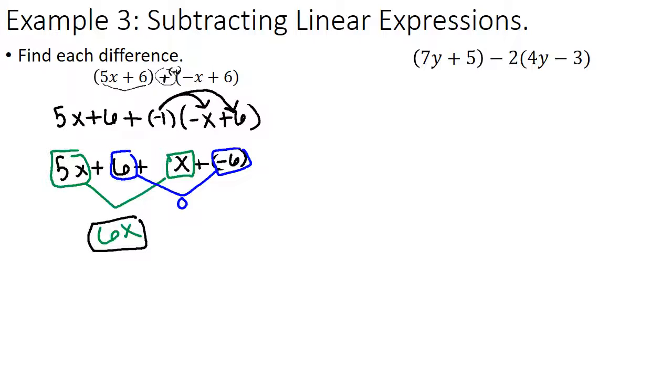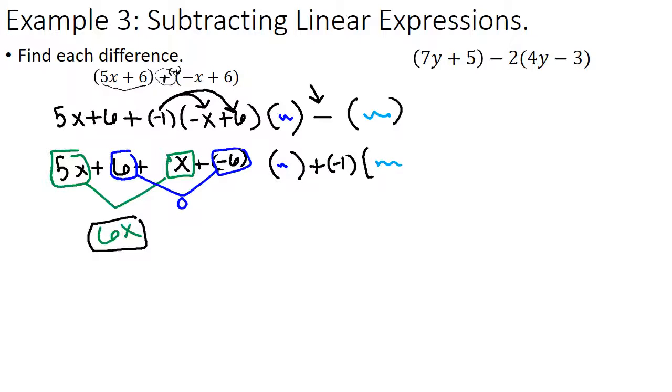So again, when we see this minus sign in between this parenthesis, so I have some blah over here and I have some blah over here, what I want to do is change this minus sign right here into a plus sign. The way that I would do that is I would still have this blah inside here, and I would change that into plus -1 times this blah inside here.